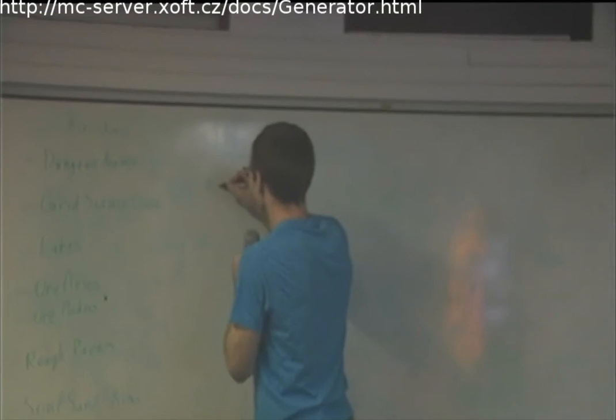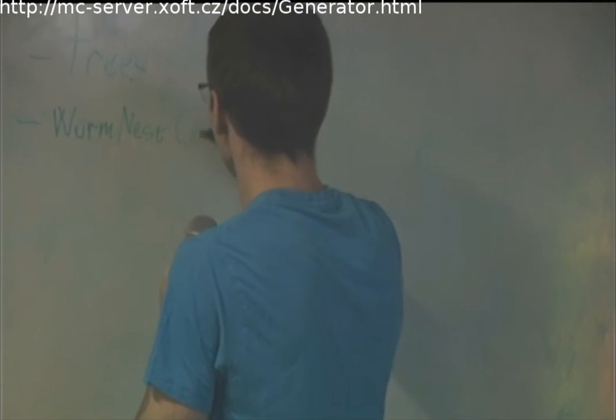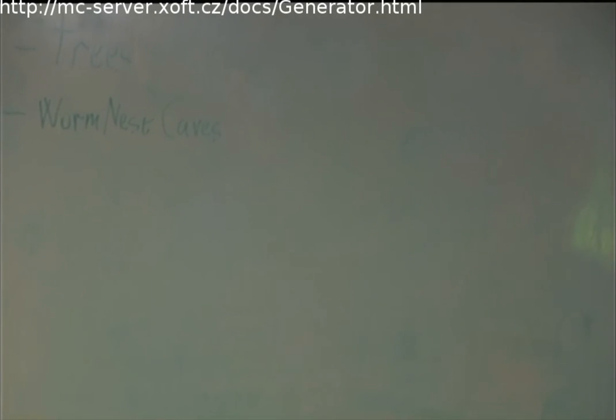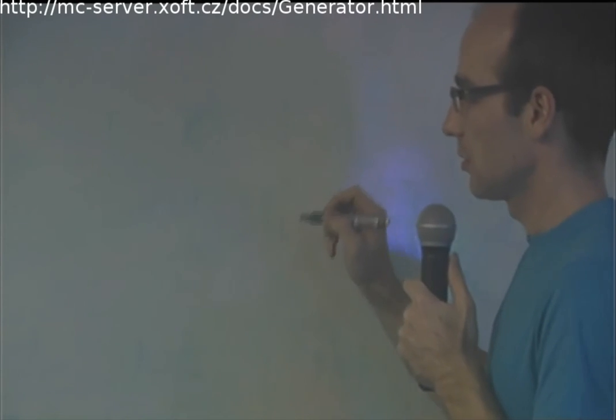Worm nest caves. This is a good one. A difficult one, but a good one. It chooses a point inside the terrain, so it needs to know where the terrain height is.